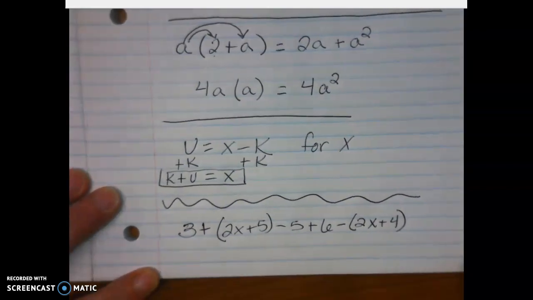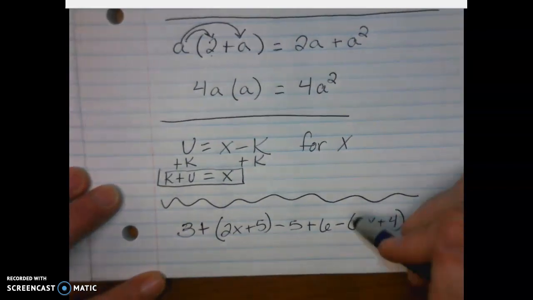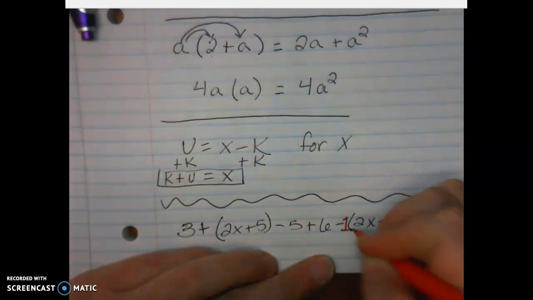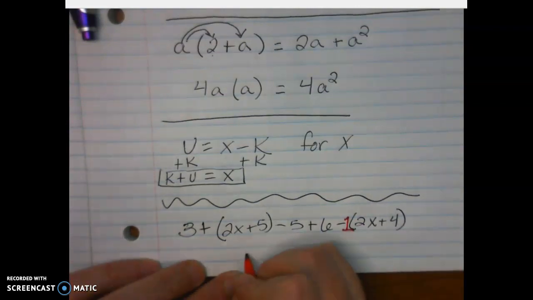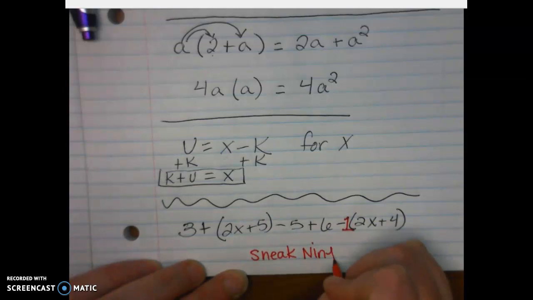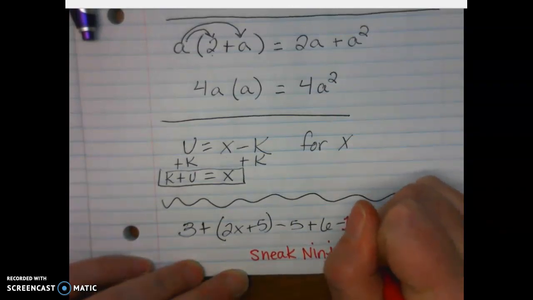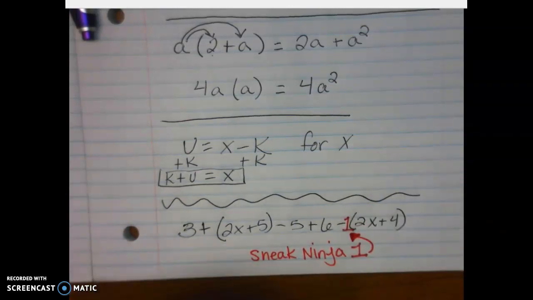I made that up in my head right now, so it's terrible. But right here, there's something that I like to call a sneaky ninja 1. That's not a math term. That's something I made up. And he hides right here. There's other places where he is, but it's there, but you don't see it.